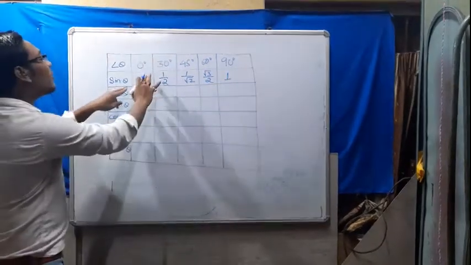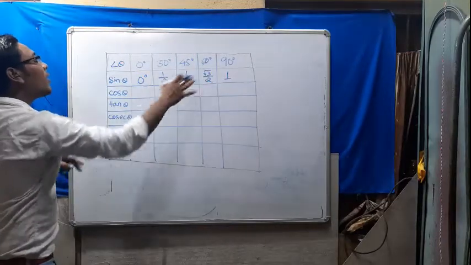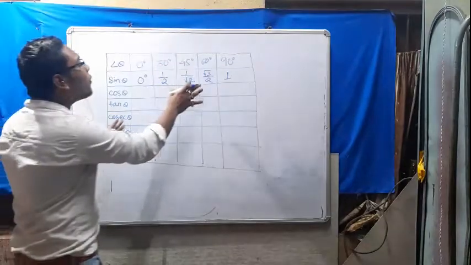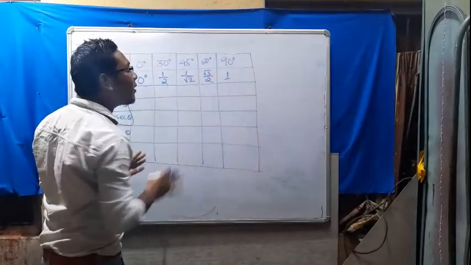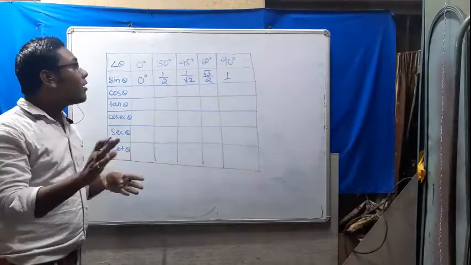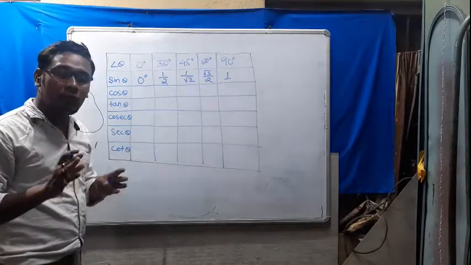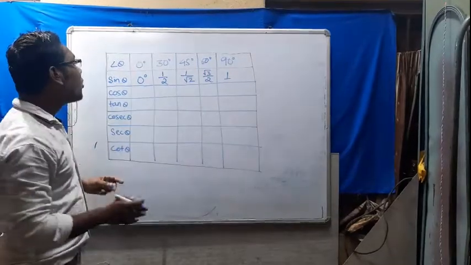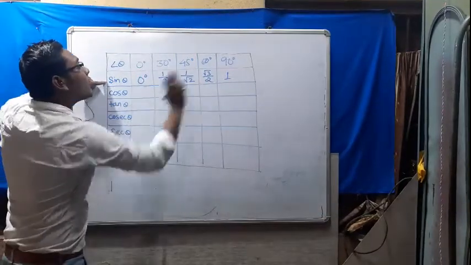This is the value you are required to understand properly. If you understand this technique properly, then you will be able to solve any kind of question associated with exercise 8.2 very easily.